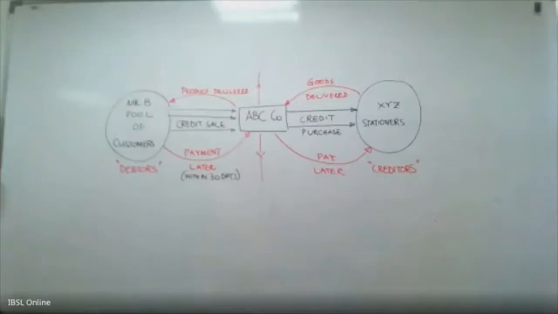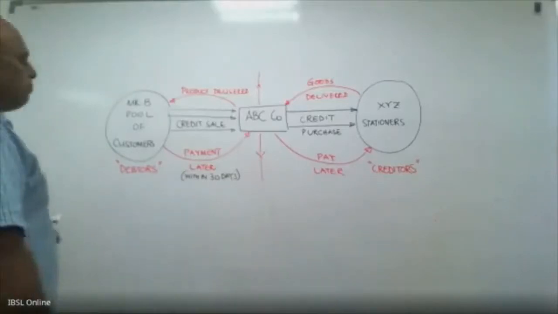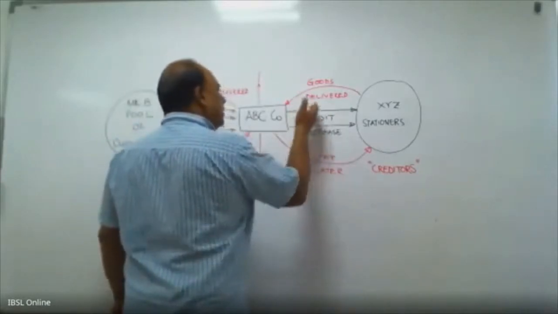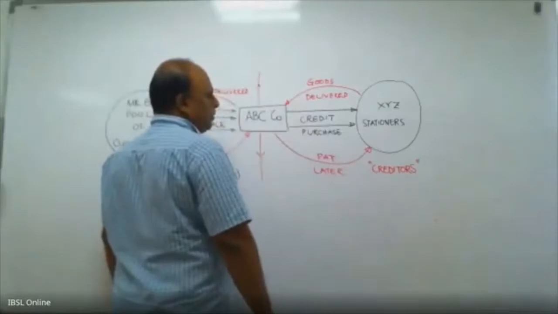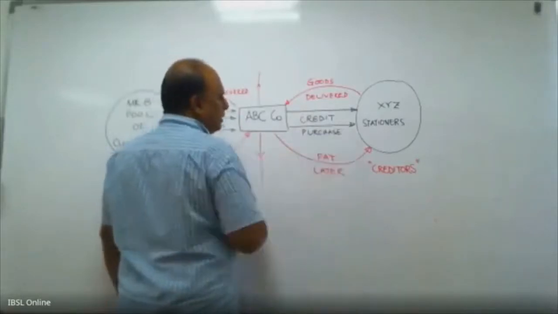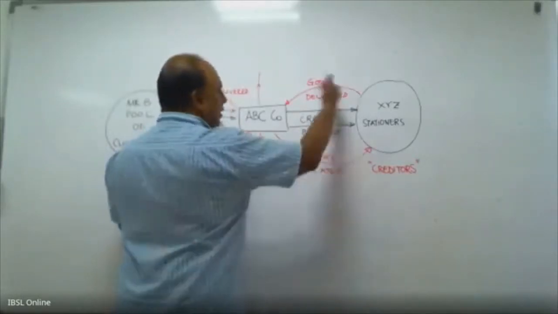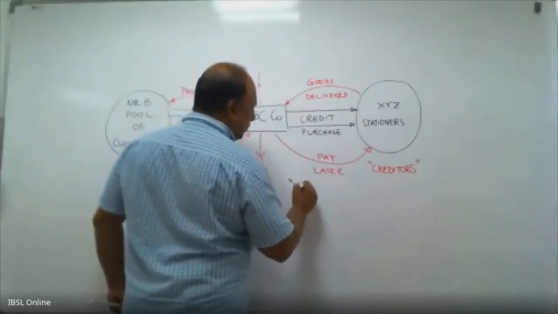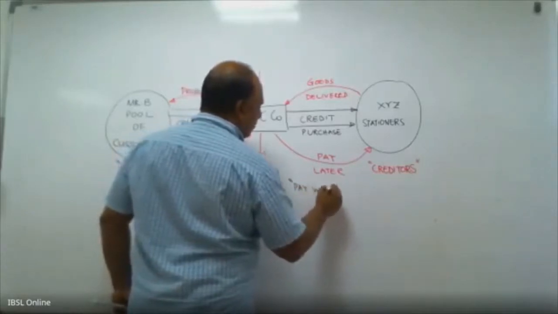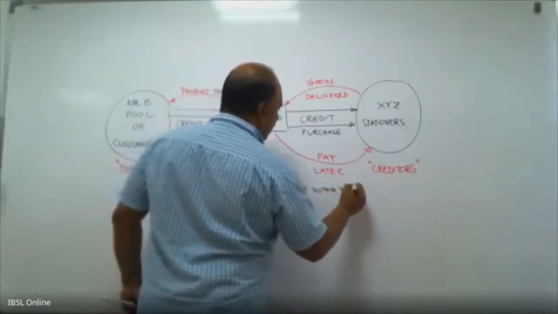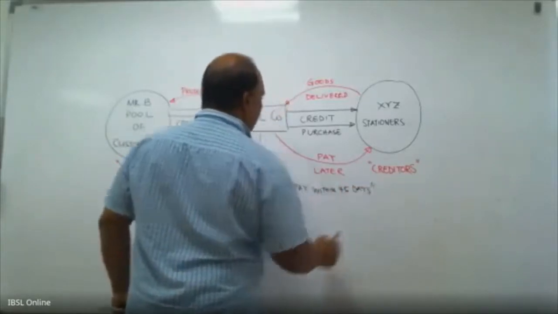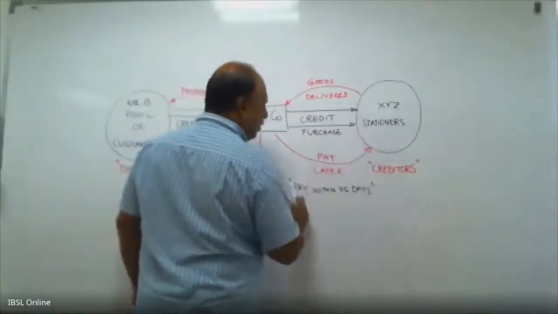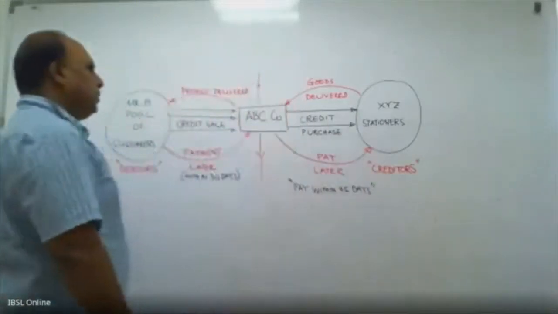So when there is a bulk purchase, normally you will expect a credit to be offered. So they purchase stationery, goods are delivered immediately to the company, and you agree to pay within 45 days. ABC company will pay XYZ stationers within 45 days for the stationery that they purchase.